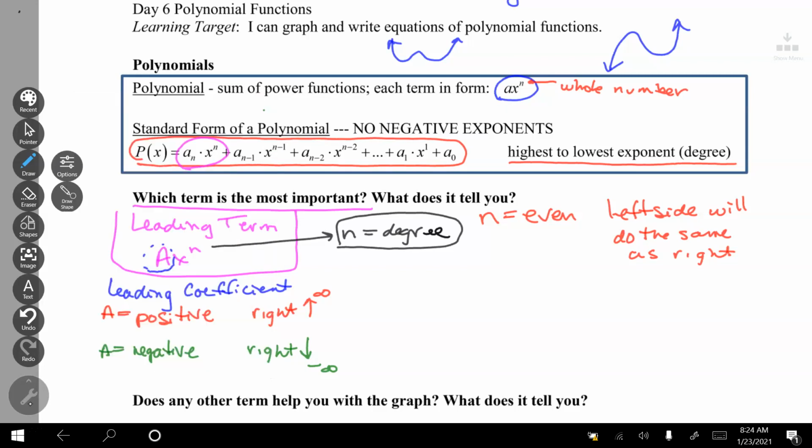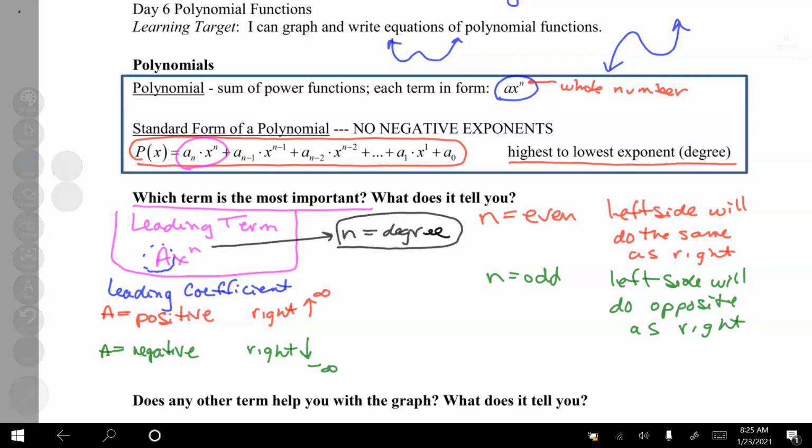And if n is equal to an odd number, the left side will do the opposite of the right side. So something that has an even degree, both sides either go up or both sides either go down. And something that has an odd degree, the two ends are opposite. If the right side goes up, the left side goes down, and if the right side goes down, the left side goes up for an odd degree.